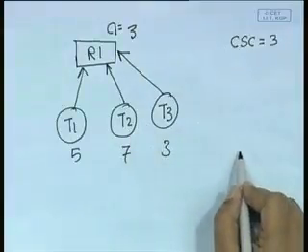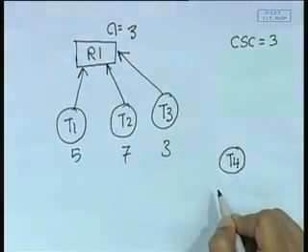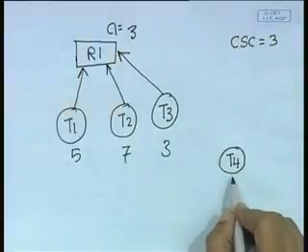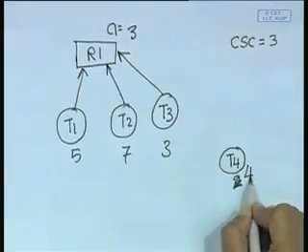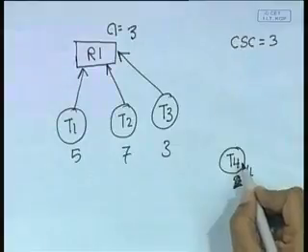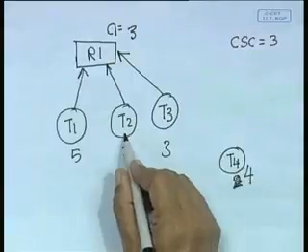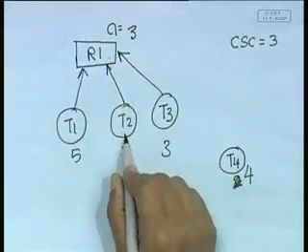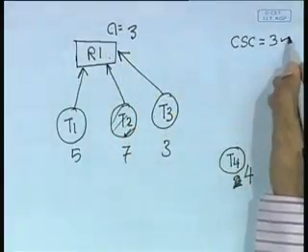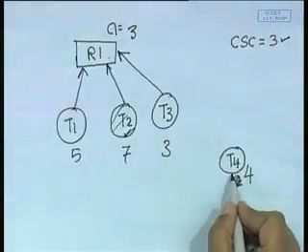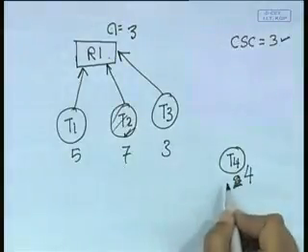Now, it is possible that another task T4, whose priority is let us say 4, will start executing, because its priority is more than T2's. So, T2 has acquired R1, the current system ceiling is set to 3, and T4, with priority 4, more than 3, starts executing.